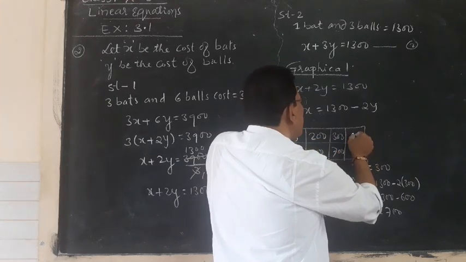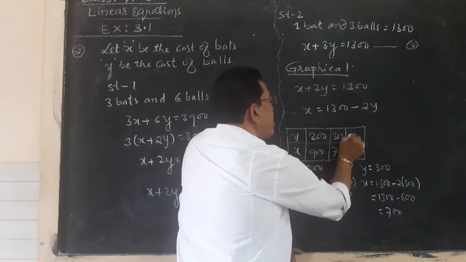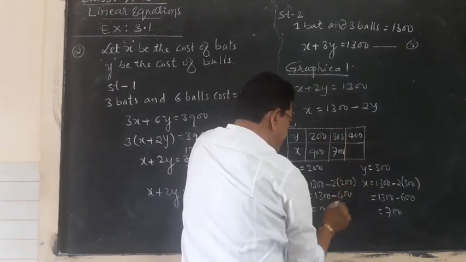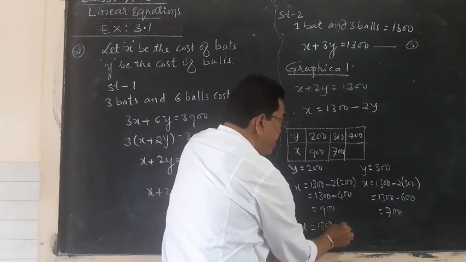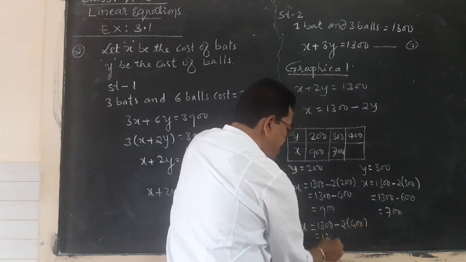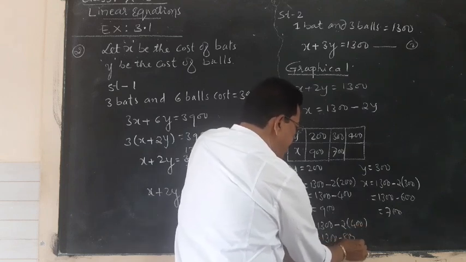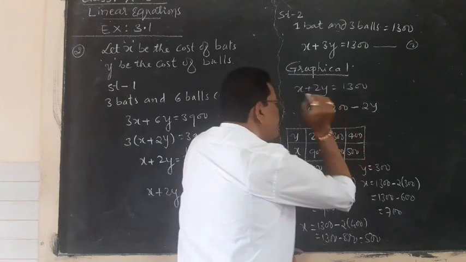When y equals 400, then x equals 1300 minus 2 into 400, that is 1300 minus 800, which equals 500. Yes.